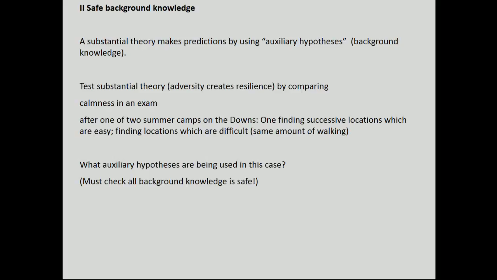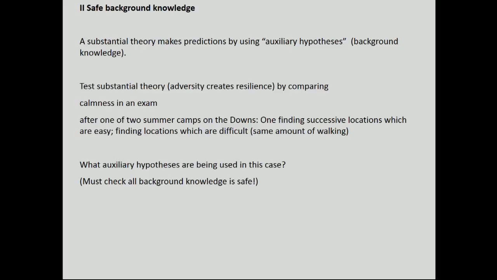And one group is given an easy task where the instructions are really easy to follow and they'll just do it, no trouble. And in the other case, the instructions are designed to lead you into obstacles and difficulties that you'll have to work your way around. So it's meant to create some adversity. Let's say you control the total amount of walking that would be involved.